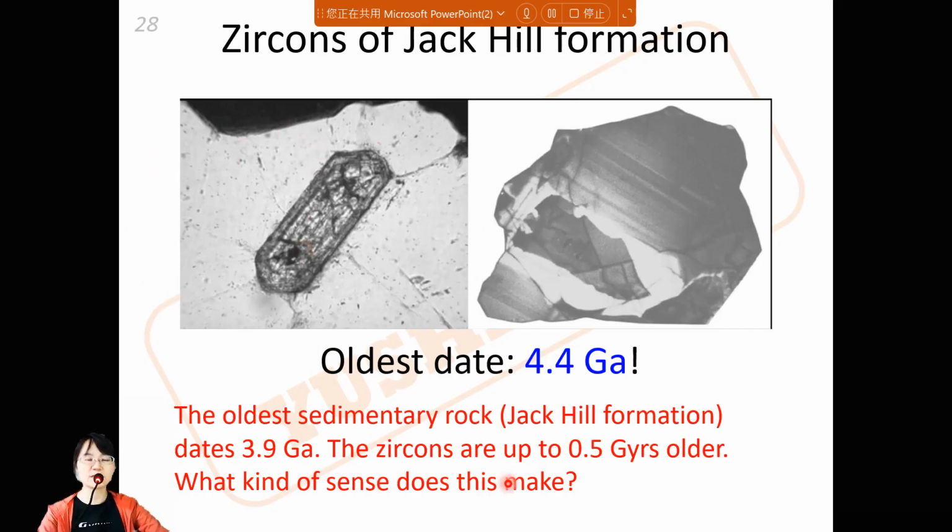What kind of sense does this make? So scientists think the most reasonable explanation for this phenomenon is the zircon was produced elsewhere, was weathered out, and then later deposited together with other sand grains to form the sandstone here. So the sandstone will be younger, while the zircon will be older because it was originally in other rock, probably granite.